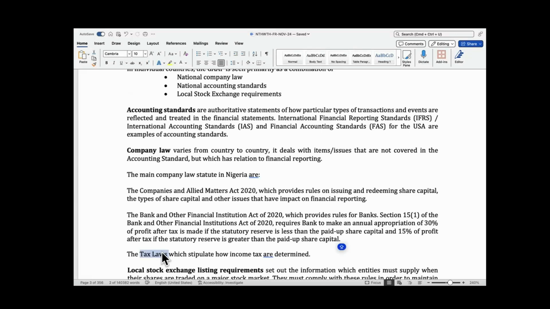The tax law, because in the determination of taxes in financial statements, you need to obey the tax law. You need to comply with the tax law to determine most of those figures. Like VAT, for example, it is the tax law that prescribes the rates and also the vatable supplies.